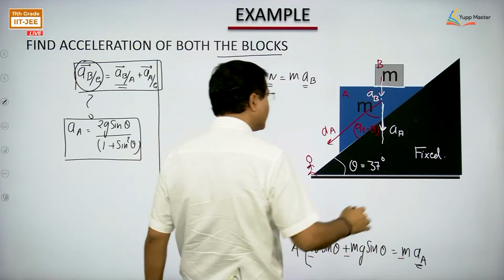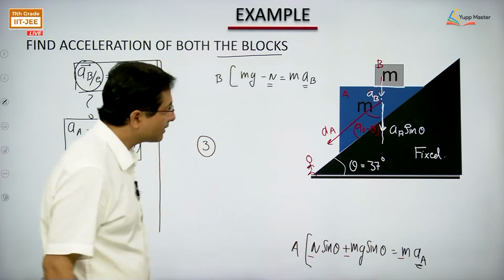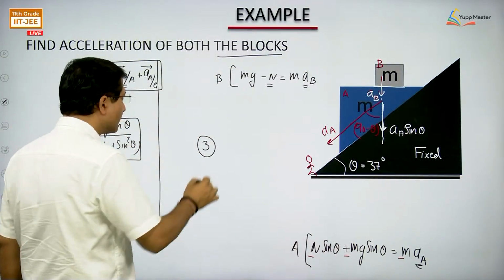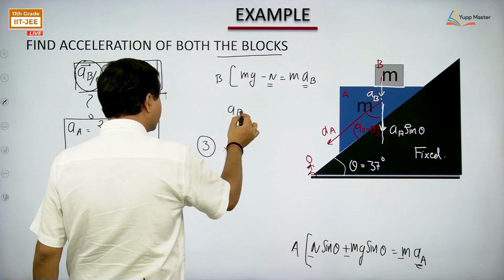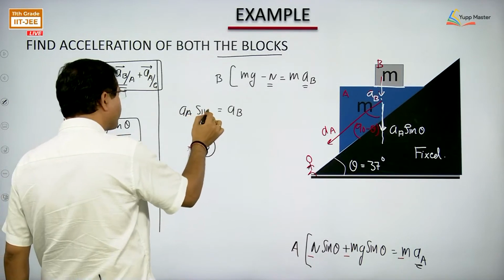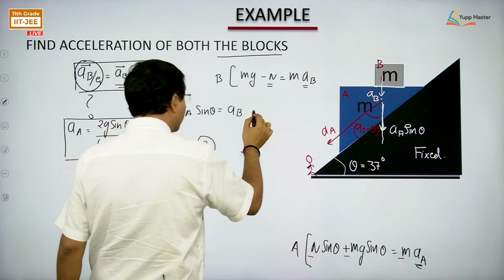Cos(90 minus theta) is sin theta. So along the common normal, I can write the equation: acceleration of B will be equal to acceleration of A sin theta. So this is the third equation, which is coming from the constraint.